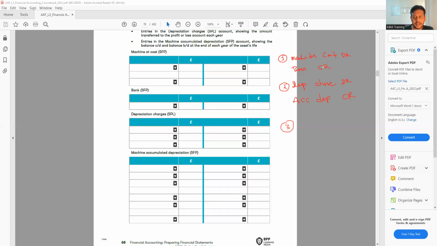On the debit side, we're going to write the bank, 2,500. And that's it. You have bought only one machine from the bank.